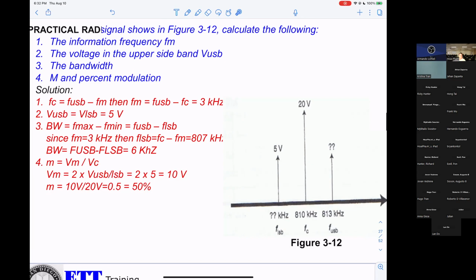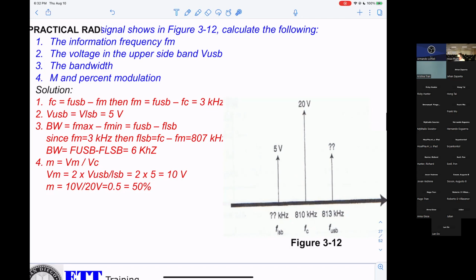If they give you this signal, this display here, F carrier equals F upper sideband minus FM. Then FM equals F upper sideband minus carrier. This is the carrier here, 810 kilohertz. This is the upper. That's easy to recognize. You take upper minus carrier, then you get 3 kilohertz.